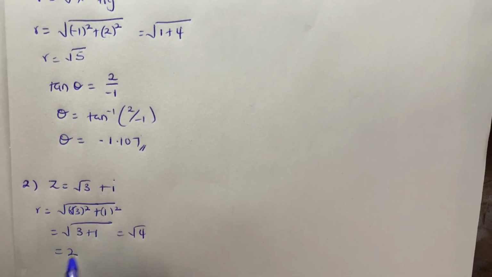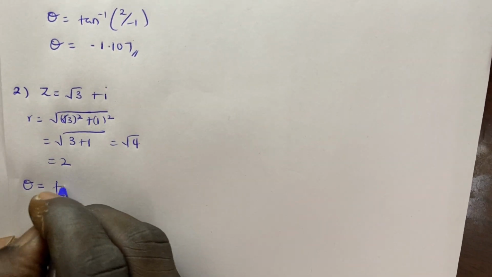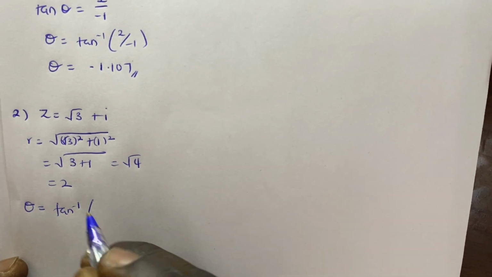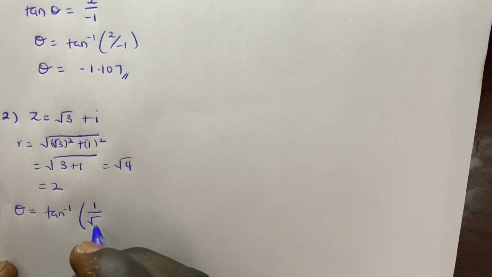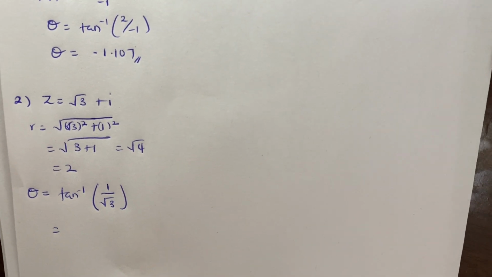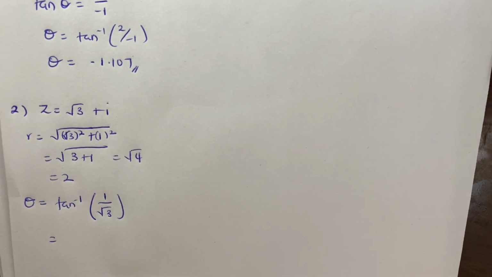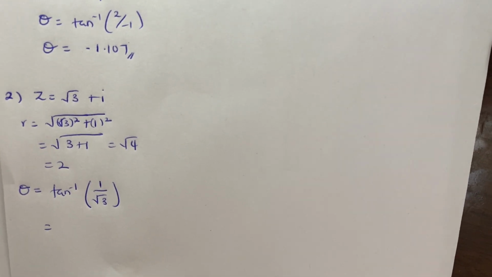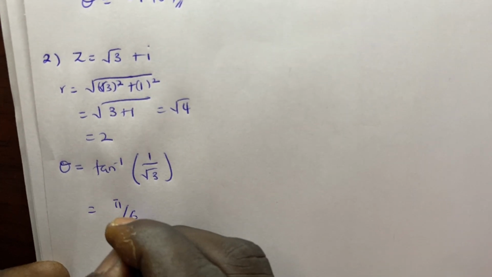So our r is equal to 2, and now our theta is equal to tan inverse of this divided by this, that's the y component over the x component. Theta is now equal to pi on 6.